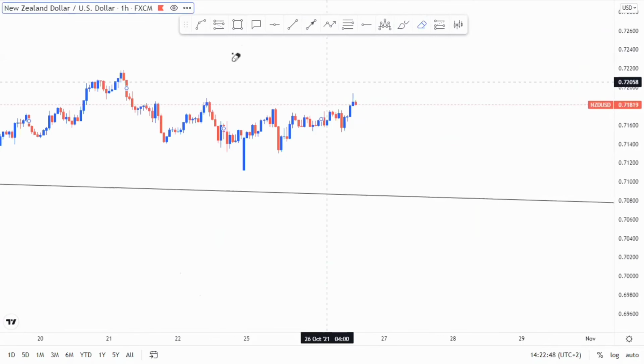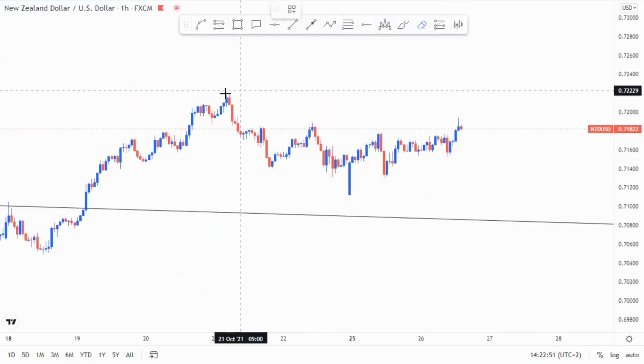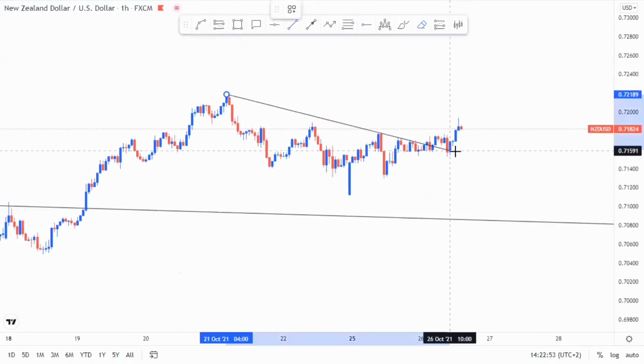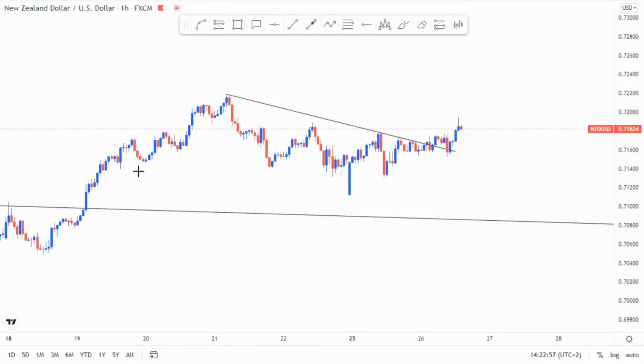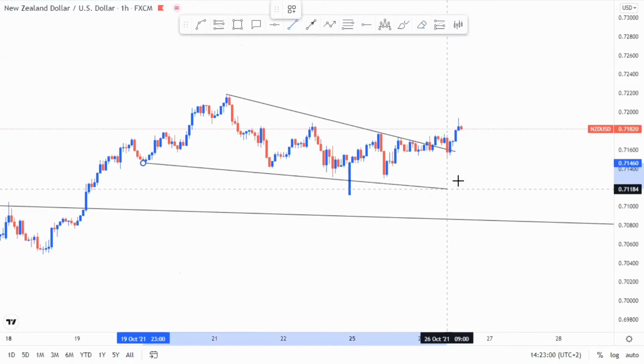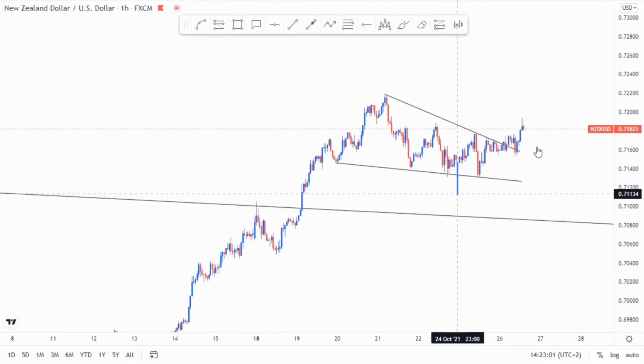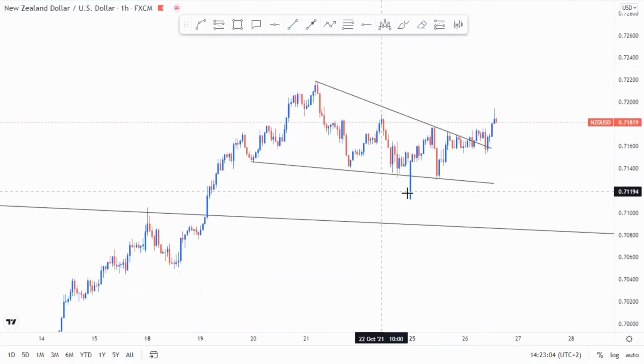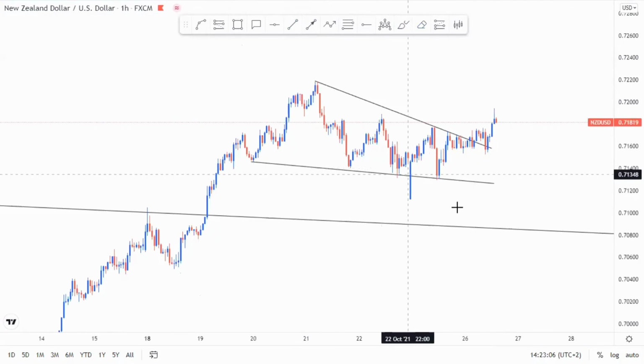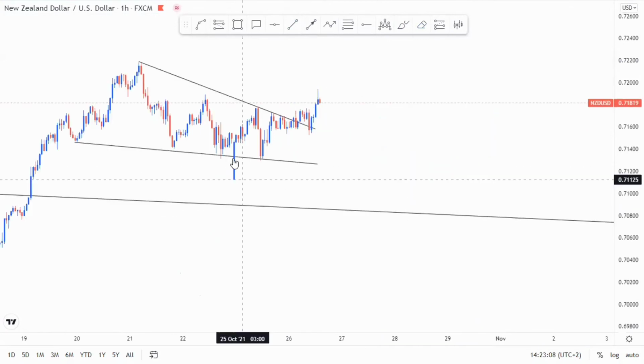And on the 1-hour time frame, this is what I see. Okay, I think this is a possible breakout, but let me see. And yes, this is a possible breakout. And this candlestick over here, we don't count it because this occurred when market was closed at 11 o'clock. So this candlestick doesn't count.